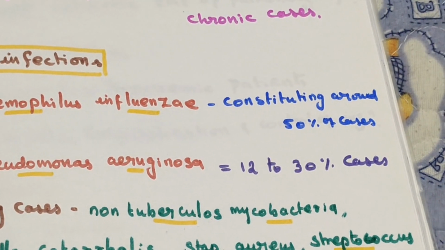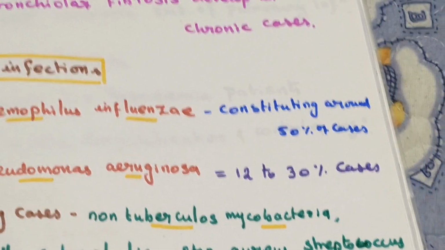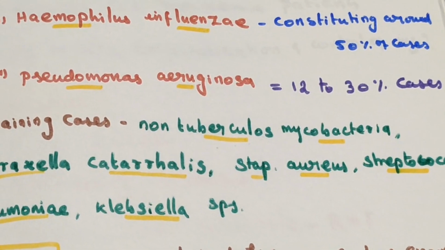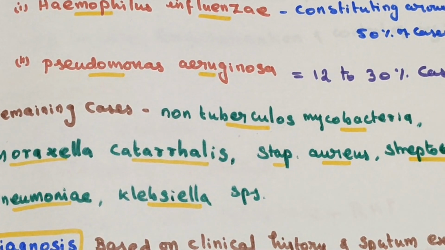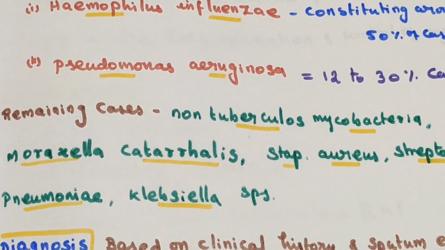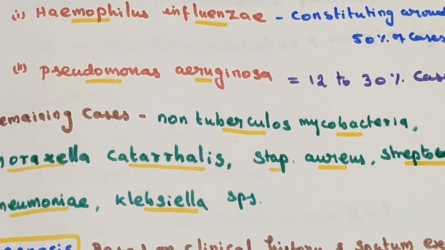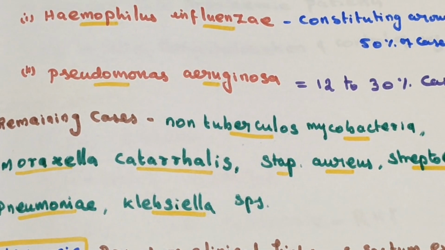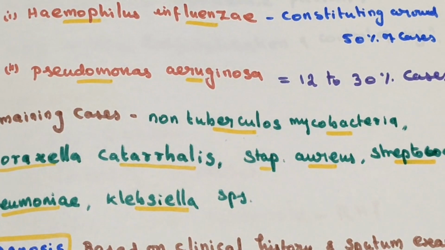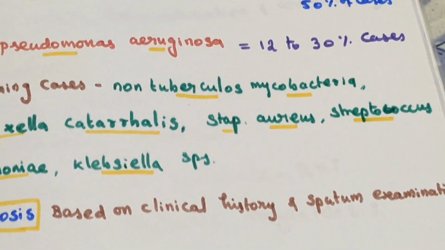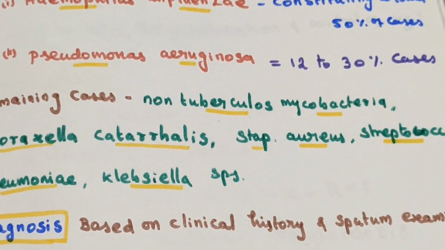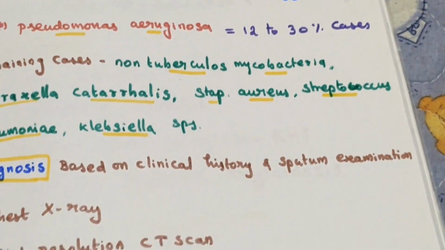Pseudomonas aeruginosa constitutes about 12 to 30% of the cases. The rest of the cases would be non-tuberculous mycobacteria, Moraxella, then Staphylococcus aureus, Streptococcus pneumoniae, and Klebsiella species.